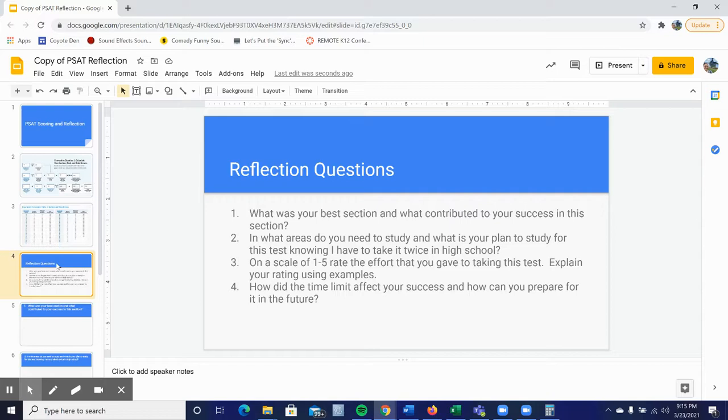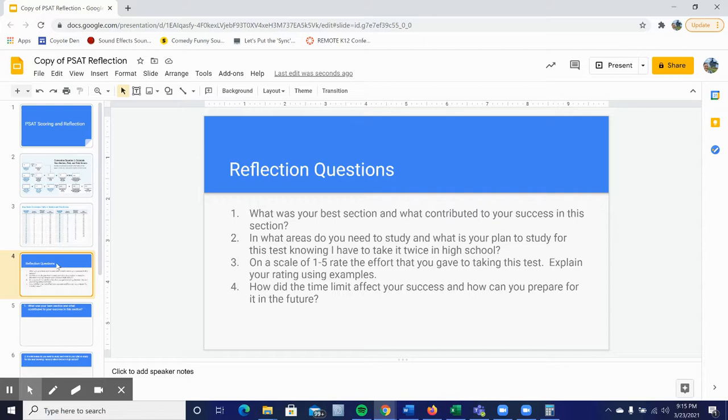In question number 2, it says, in what areas do you need to study and what is your plan to study for this test, knowing you have to take it twice in high school. So look at your 2 tests where you had your weakest or lowest scores. Those will be the 2 that you will use for question number 2.